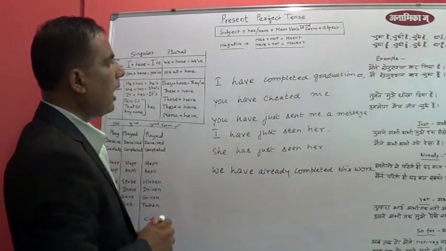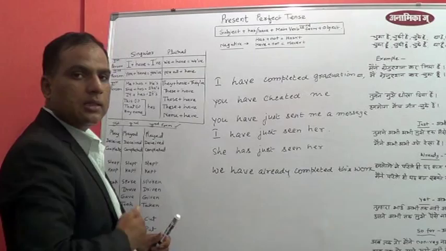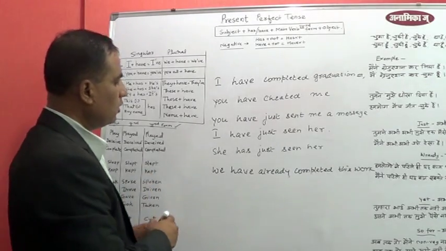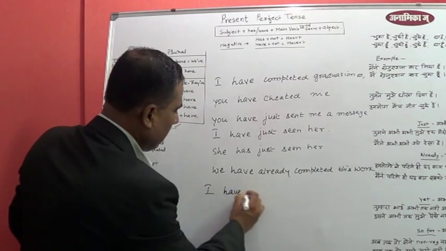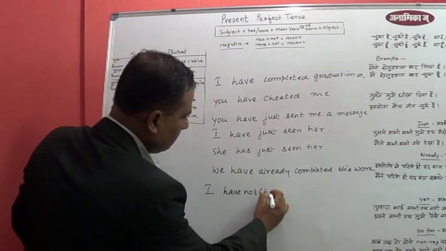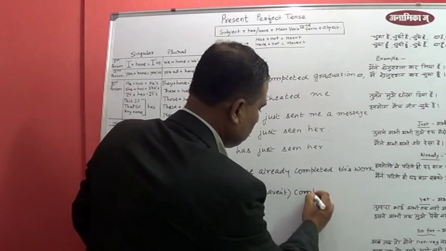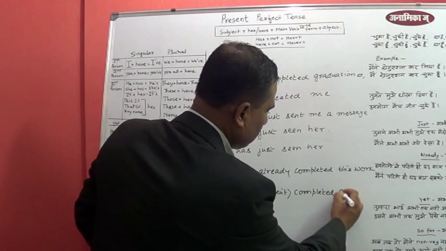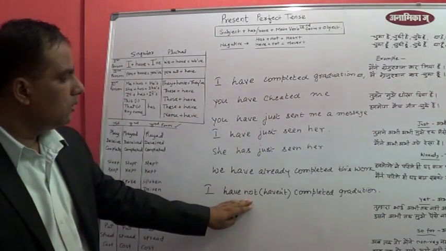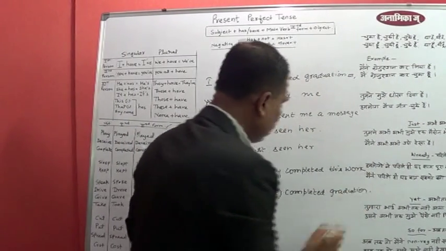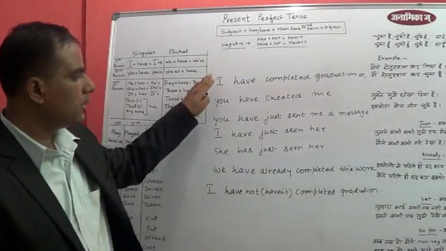So we have positive, I have completed graduation. अगर इसको नेगेटिव में बोलना है कि मैंने ग्रेजुएशन नहीं किया है, तो इट विल कम लाइक दिस: आई हैव नॉट. इसको आप हैवेंट भी लिख सकते हैं. कंप्लीटेड ग्रेजुएशन. तो एक नॉट लगाने से ये सेंटेंस नेगेटिव बन गया. वी चेंज्ड इट फ्रॉम पॉजिटिव टू नेगेटिव.